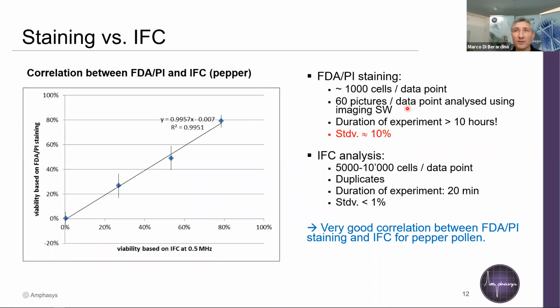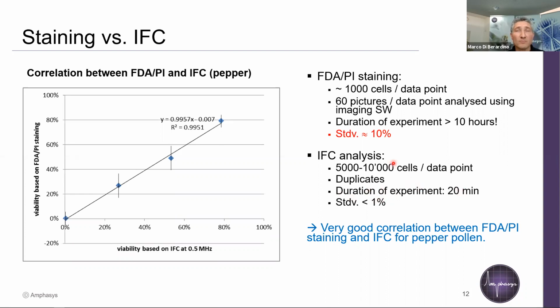That took quite a while, so the experiment took around 10 hours. As compared to the staining, we did the same with IFC. Here we counted 5,000 to 10,000 cells, did duplicates, and had finished the experiment after around 20 minutes.